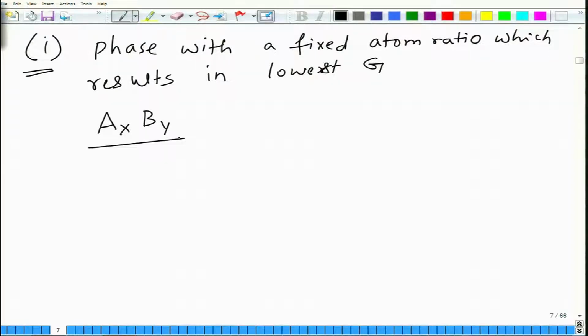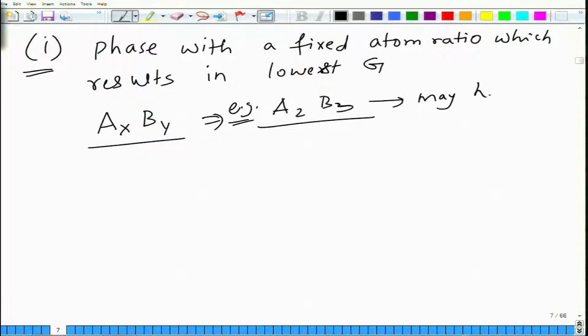So AxBy, for instance, it might be A2B3. A2B3 might have lowest energy as compared to A2B or AB or AB2 and so on and so forth. So this for example, A2B3 may have lowest G.